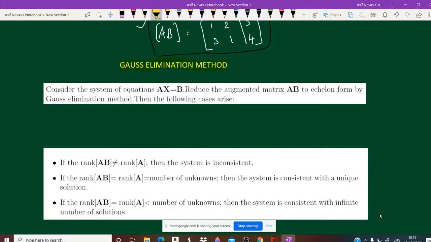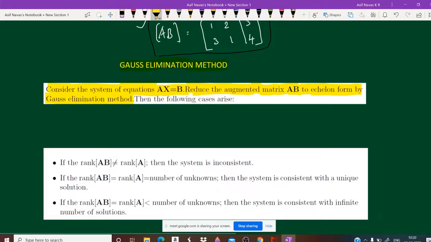Consider the system of equations Ax equal to b. The method is to first reduce the augmented matrix. We are only dealing with the augmented matrix. Reduce the augmented matrix to echelon form, that is, row echelon form. Then we will solve the system of linear equations.